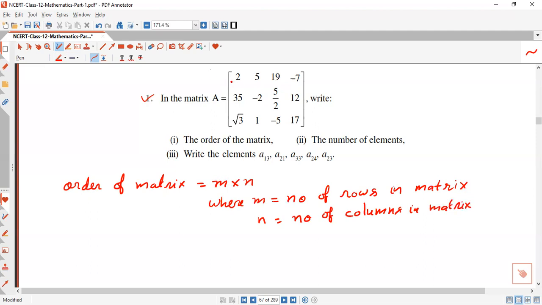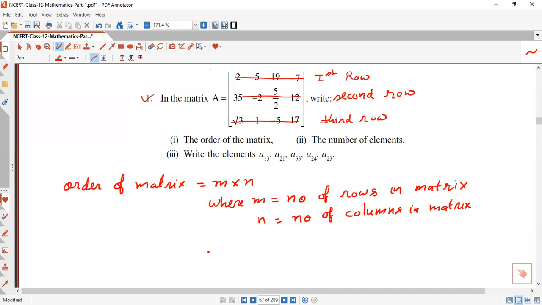Meaning of rows: you see this one, we say this is the first row. This is the second row. This is known as the third row. So we have three rows in this matrix.